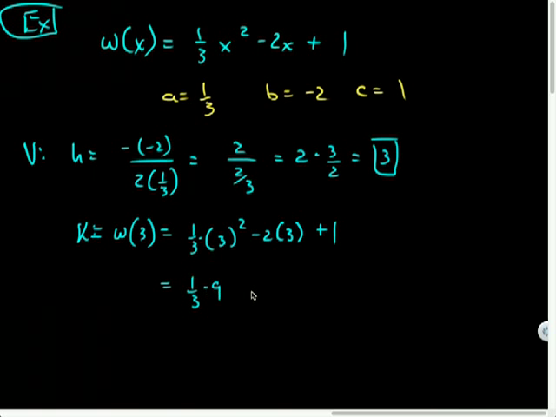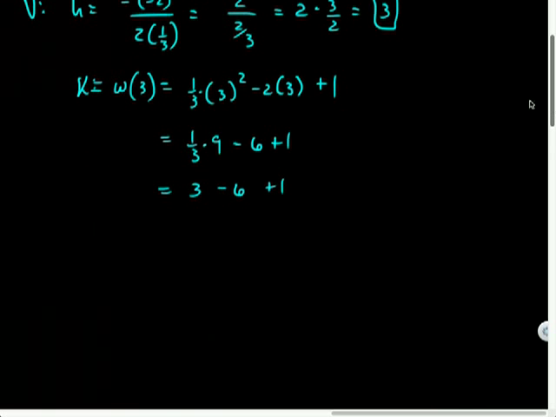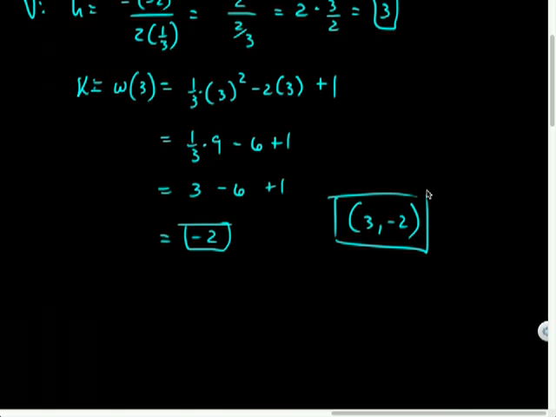So 3 squared is 9, minus 6 plus 1. 1/3 of 9 you guys, of course, know is 3, right, Aaron? Minus 6 plus 1. And 3 minus 6 is negative 3, plus 1 is 2? No, negative 2. So that means my vertex occurs at (3, -2). Aha! Vertex! Hooray!